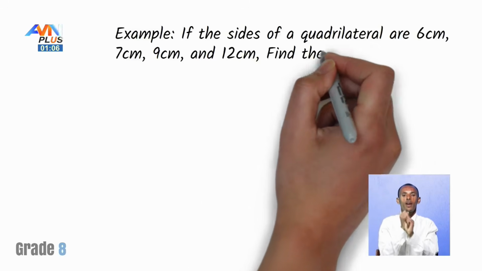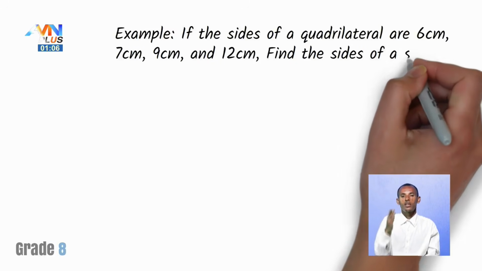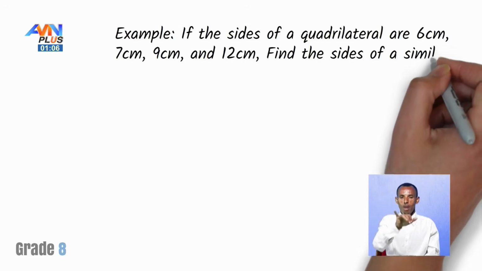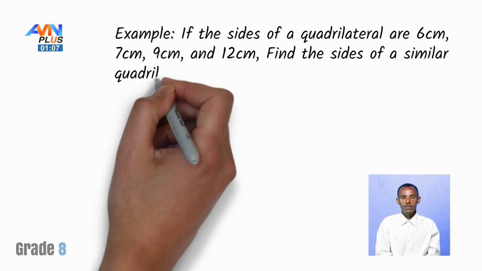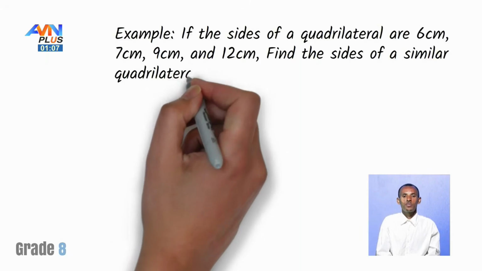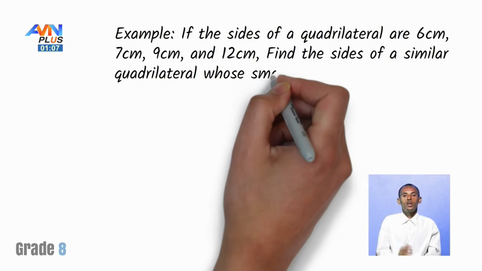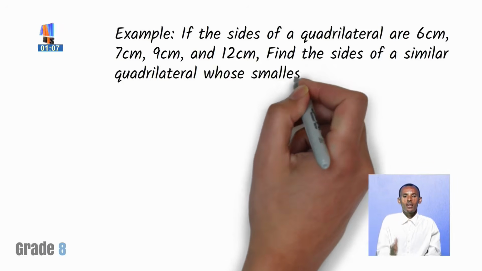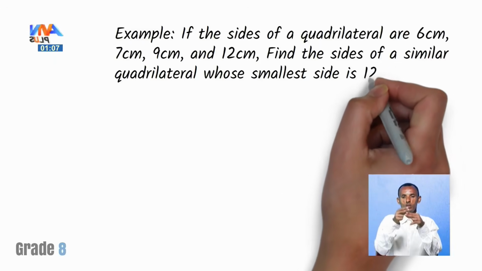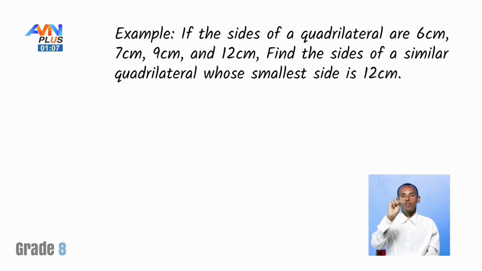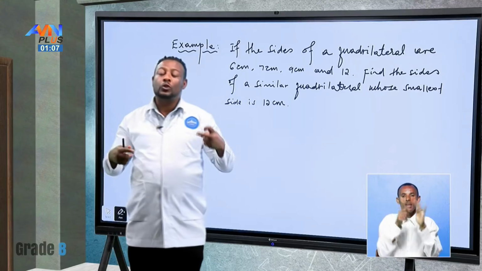Find the sides of a similar quadrilateral whose smallest side is 12 centimeter. Okay, so now whenever we say this example, in this example we have two quadrilaterals.